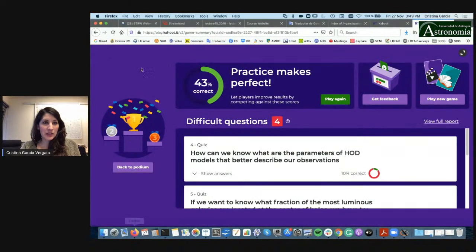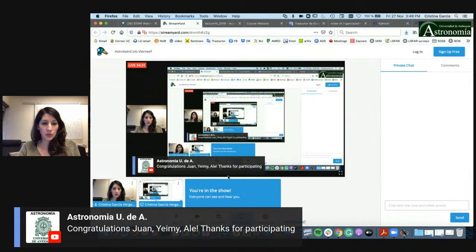Let me stop sharing now, because that is all I had to show you today. We are 10 minutes ahead in the schedule, but for the afternoon, I prepared a last workshop in which we will use a real image, and we will learn how we can generate random catalogs to measure the correlation function using real observations, which is a little bit different to what we have been doing in the past workshops in which we worked with simulated catalogs.